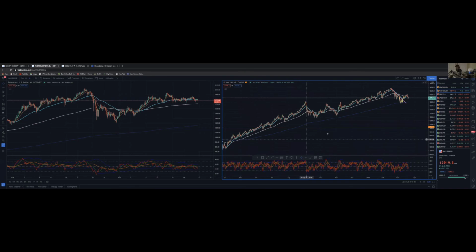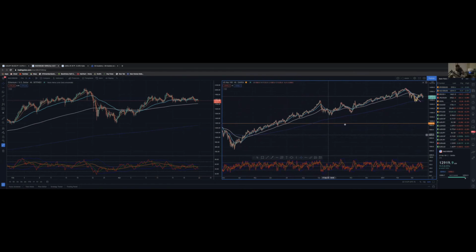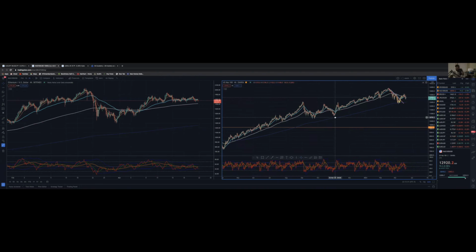We've been pretty solid ever since then. Now, if price breaks down and comes back to this level again, then we might see another crash. I'm not going to say it's going to crash. We might see another crash. It just depends on a lot of factors.